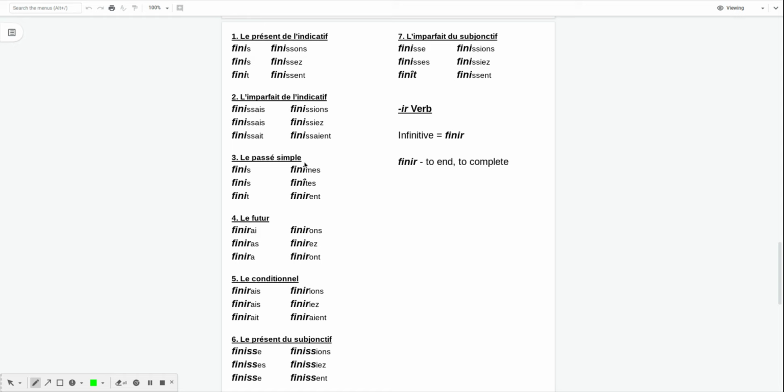There's quite a bit of overlap between what you might expect to see with the IR verb conjugations and the ER verb conjugations. For example, both l'imparfait de l'indicatif and le conditionnel have the AIENT ending for the third person plural.